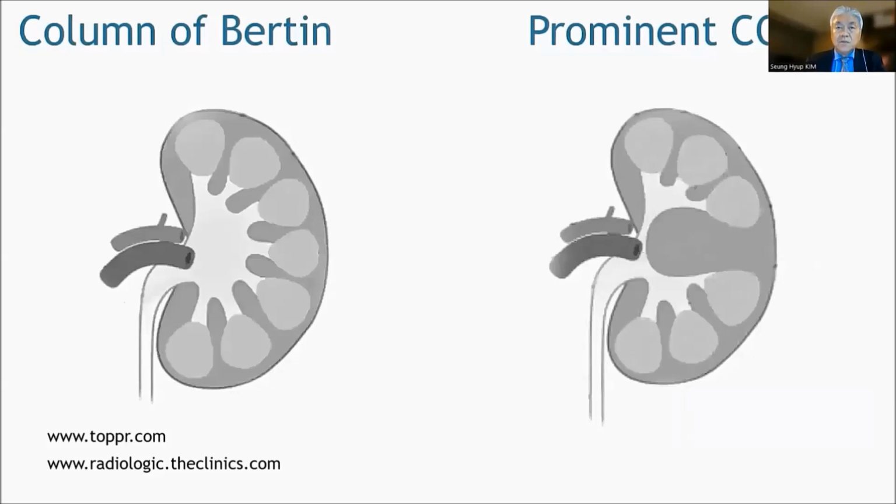Normally, a small amount of renal cortical tissue protrudes between the renal medulla, and they are called columns of Bertin. Sometimes this centrally protruded column is unusually large, and then it may mimic a renal mass, and then it is called prominent column of Bertin.